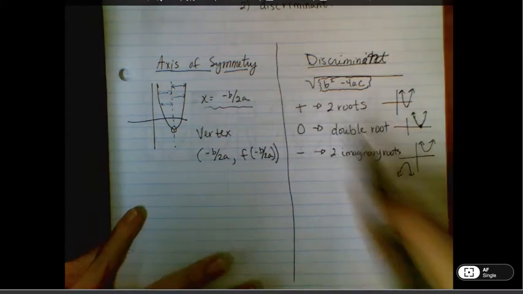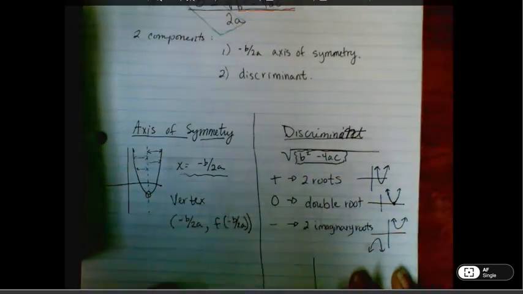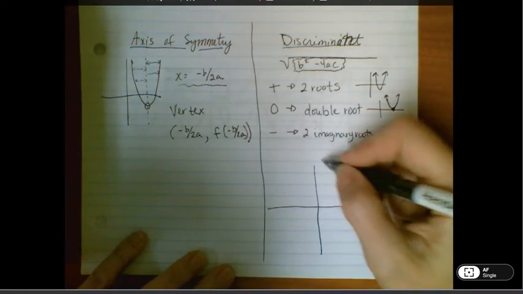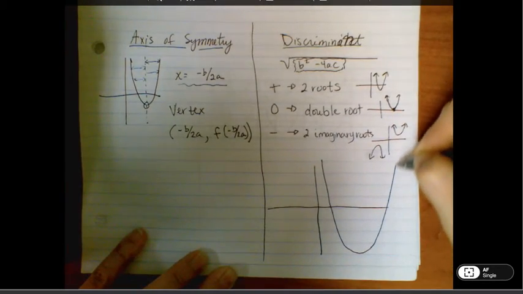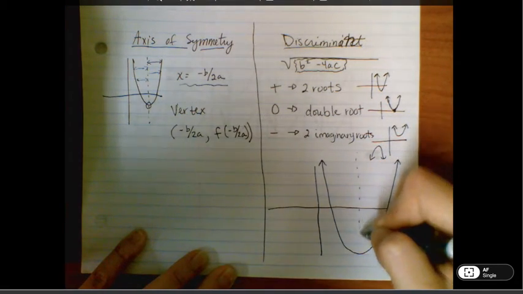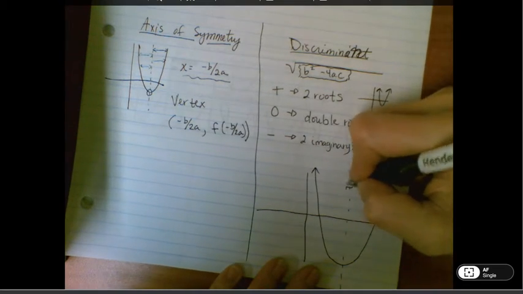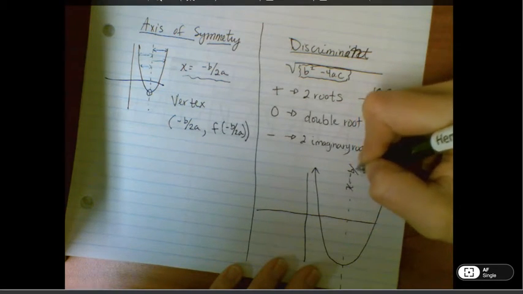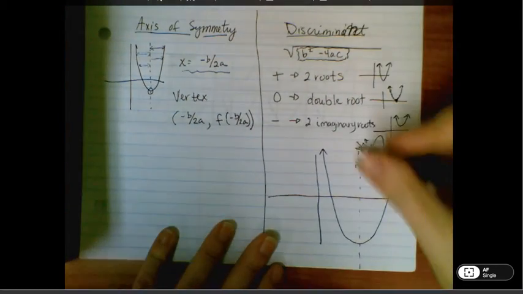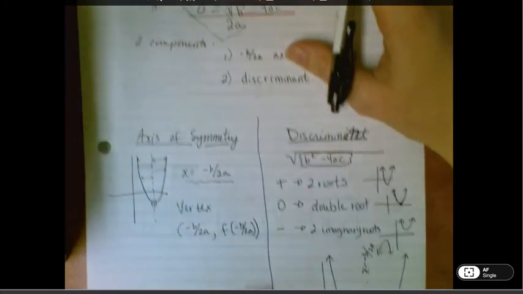The discriminant also, or this formula itself, the whole thing, can be looked at like this. Imagine I have some quadratic and I have the axis of symmetry running through it. So I have some x equals negative b over 2a value. And then when I look back at the quadratic formula up here, I have a plus or minus some value.